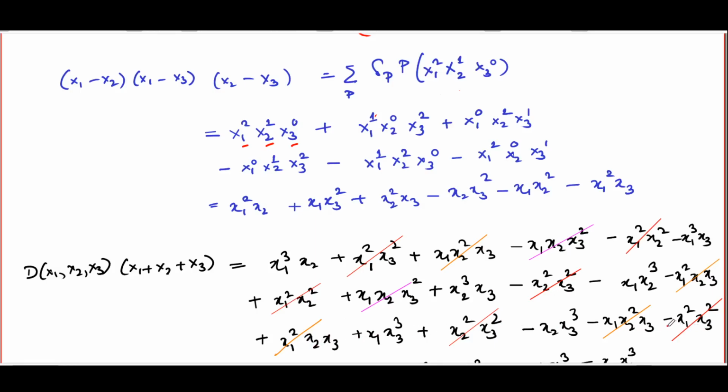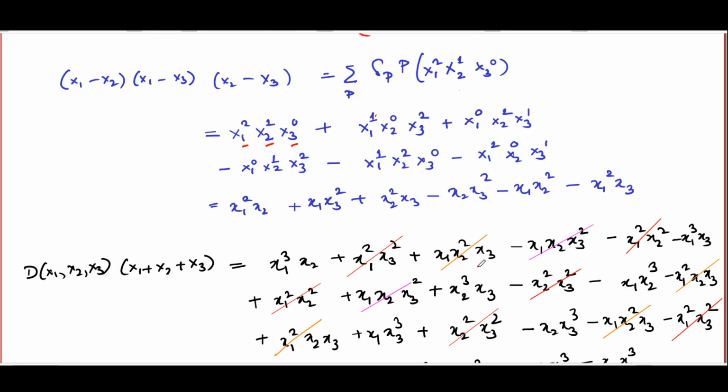Now, when you do the individual multiplications, you can easily see that there are terms like x1 square, x3 square, terms with equal powers of two different x's. But notice that while you have x1 square, x3 square here, you actually also have minus x1 square, x3 square here. So they cancel. The next term that you get when you multiply x2 square, x3 here in d by x1, that is this term x1, x2 square, x3, also happens to have equal powers for two different x's, namely x1 and x3.